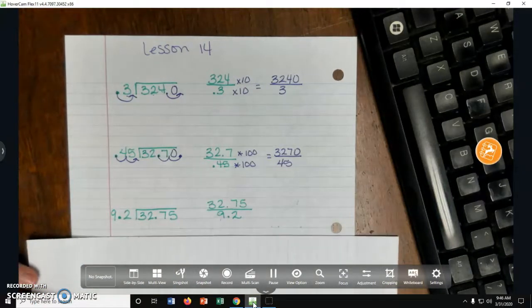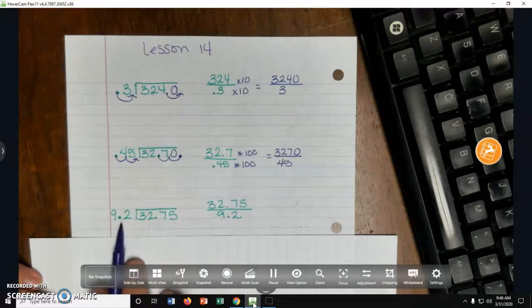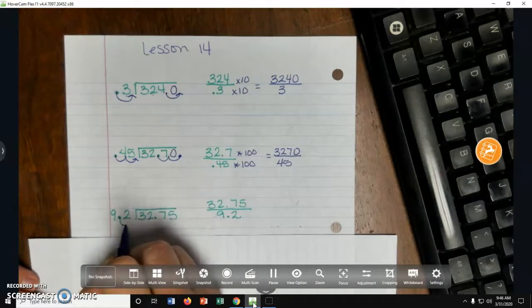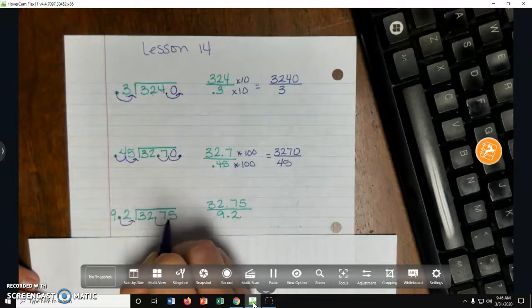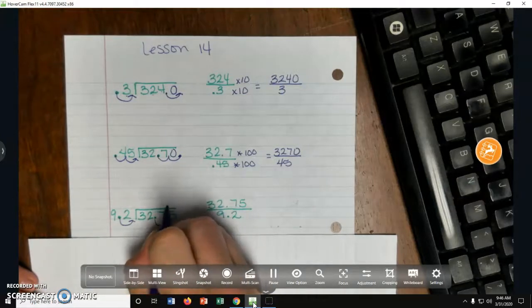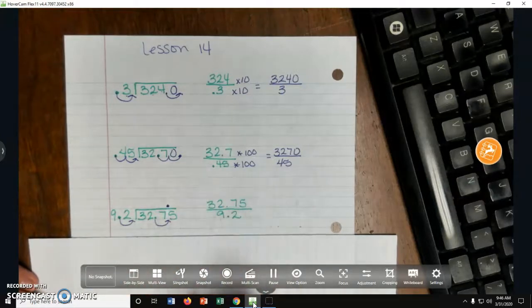Last example like this. Same thing. We're looking at 32 75 hundredths divided by 9 2/10. Have to clear that decimal out of that divisor. When I do it with the standard algorithm, I can just show my shift. I make sure I bring that decimal point straight up before I start any kind of dividing.